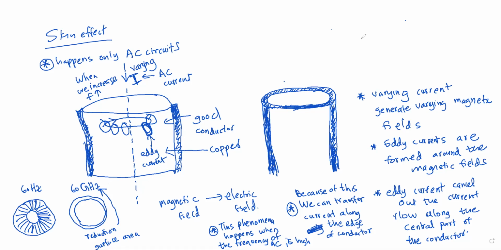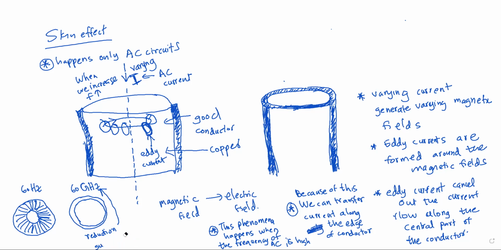So the skin depth is defined as the ratio 2 rho over omega mu. That equation is used to denote the distance that the conductor will take to reduce the current amplitude by a 1 over E value.